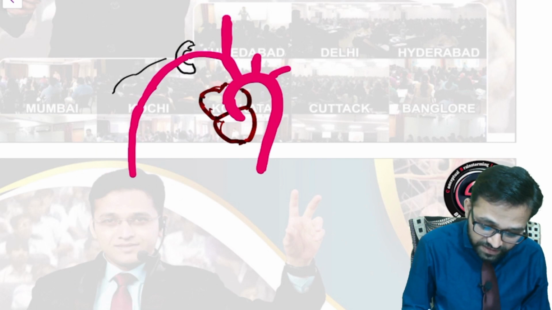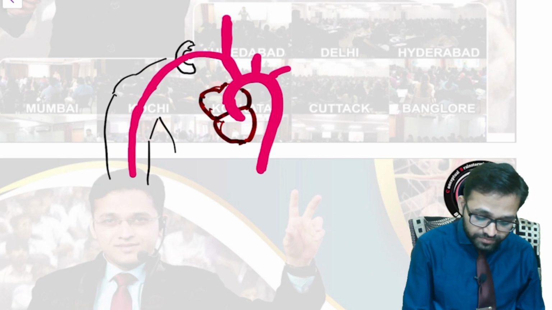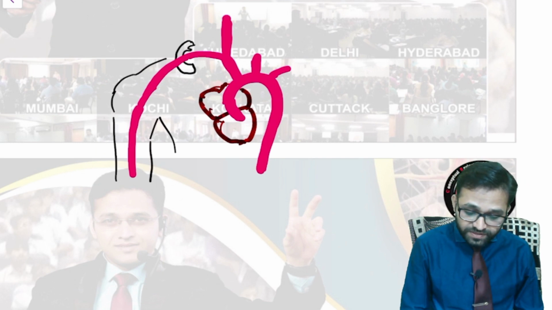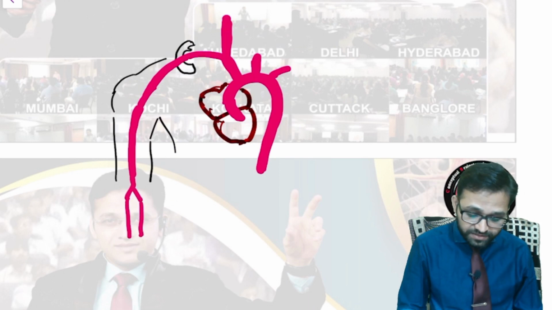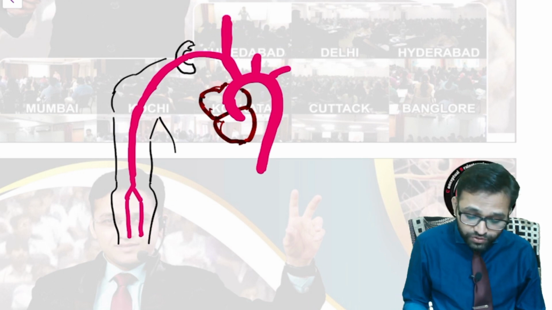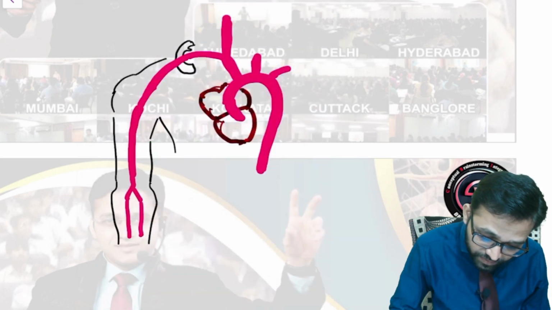Here was our axilla, the lateral wall of the thorax, and the arm. This brachial artery divides into the radial and ulnar arteries in the forearm.